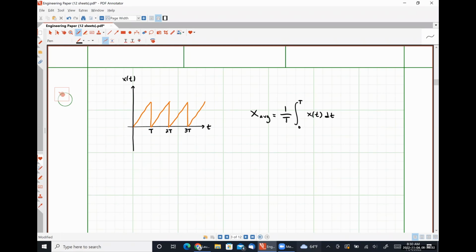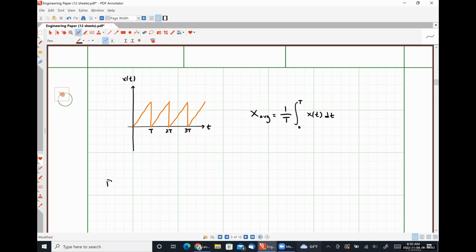So the average value of the function is the integral of the function over one period divided by the duration of the period. Everybody okay with that? Does that mathematically make sense? Hopefully it's familiar, maybe not something you've had to use in quite some time.